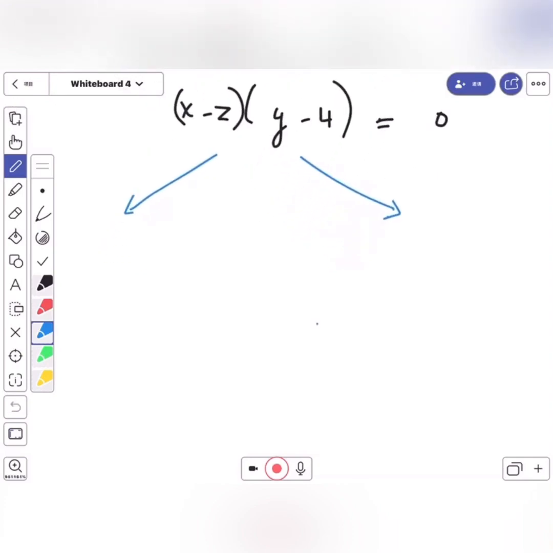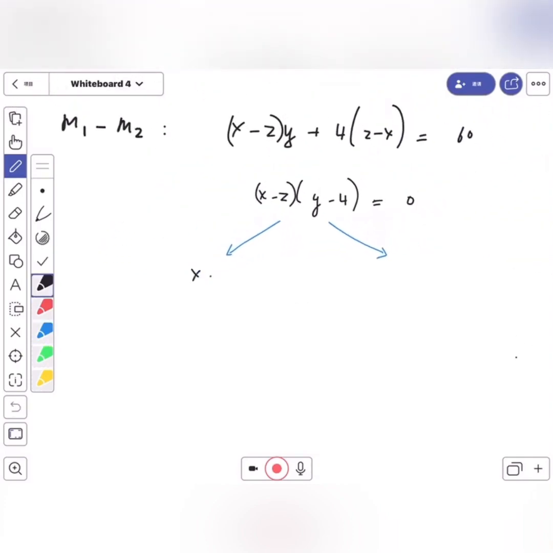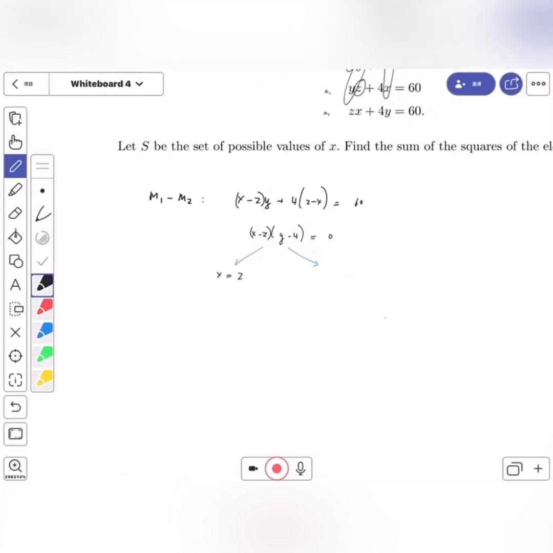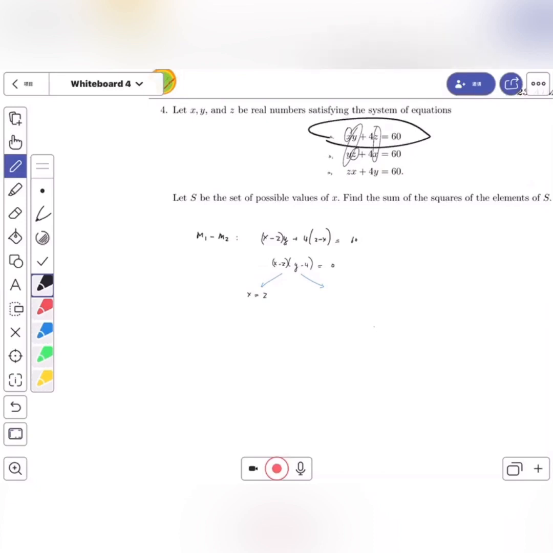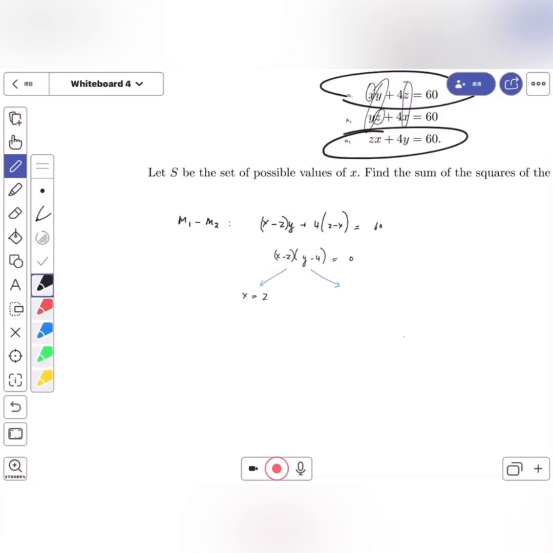The first case is if x is equal to z. So if x is equal to z, then we can just look at the first equation and the third equation, because if x is equal to z, then m1 and m2 are essentially the same. So why not we just replace every appearance of z with x?